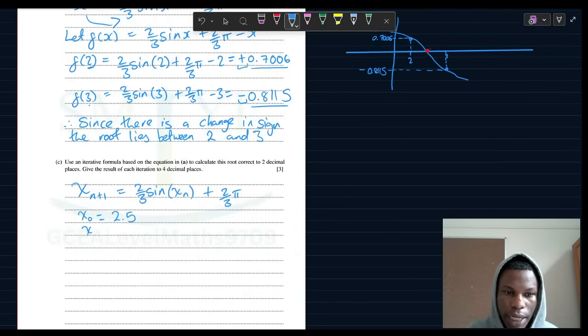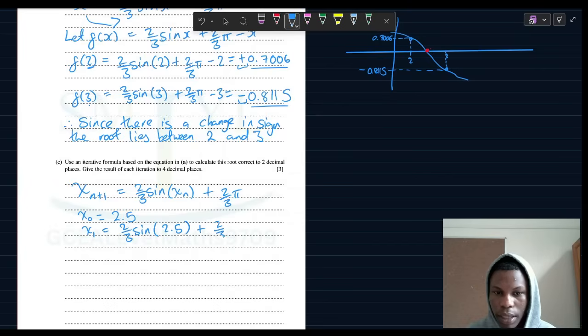So if we do x1, it's going to be 2/3 of sine of x0, x0 being 2.5, plus 2 over 3 pi. If we punch this into the calculator, this is 2 over 3 sine, again, we're still in radians, of 2.5 plus 2 over 3 pi.